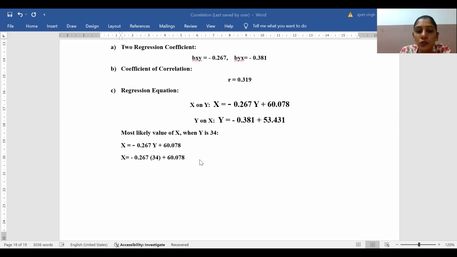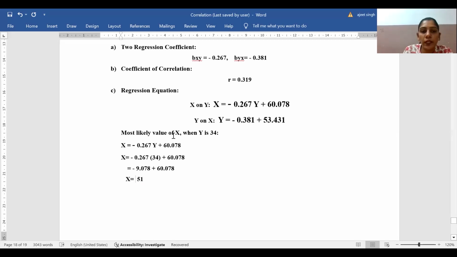So this is 9.078, minus 9.078, and then we will add 60.078. So we minus 9 from 60, and this will be around 51. So the most likely value of x is 51.